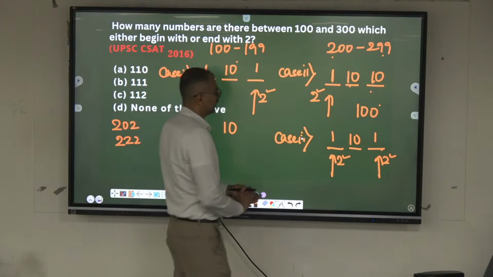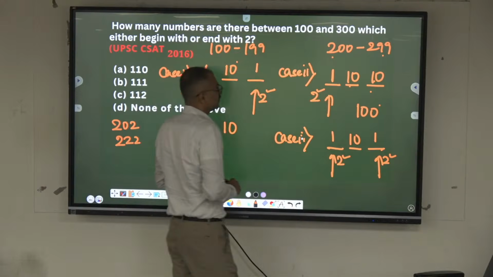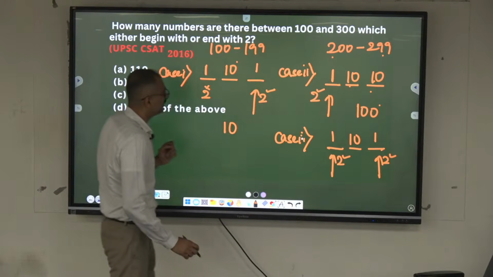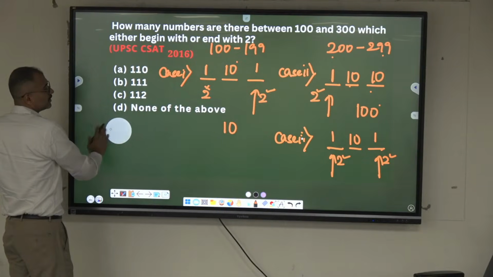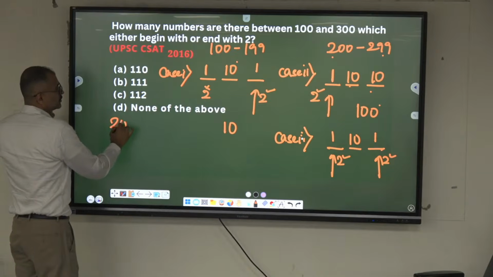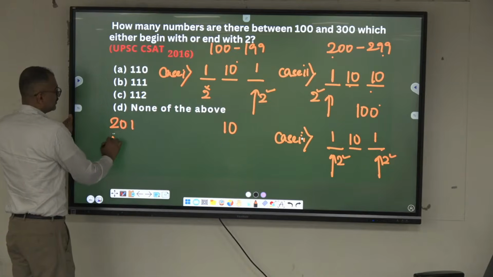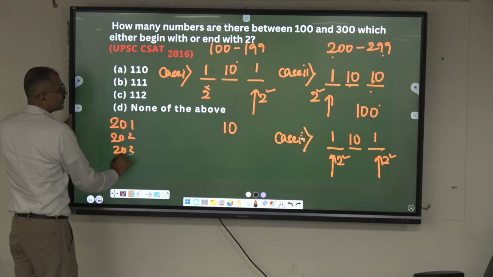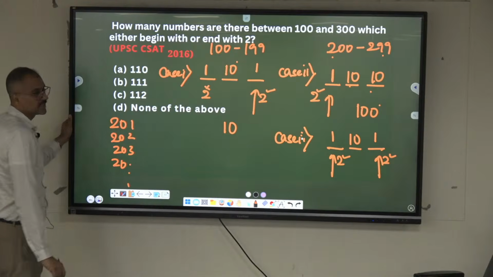Keep the 2 and 2 here. What are these cases here? What all have come there? 201, 202, 203, 204, so many such cases, right?